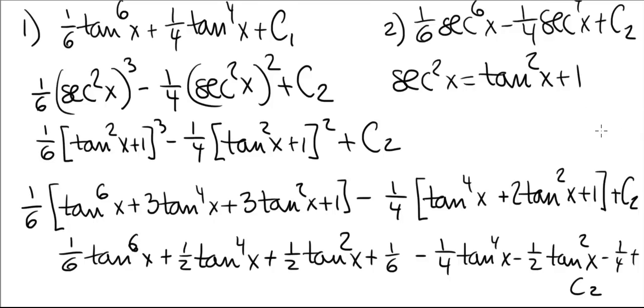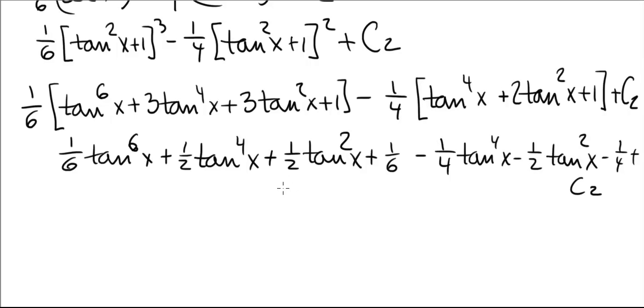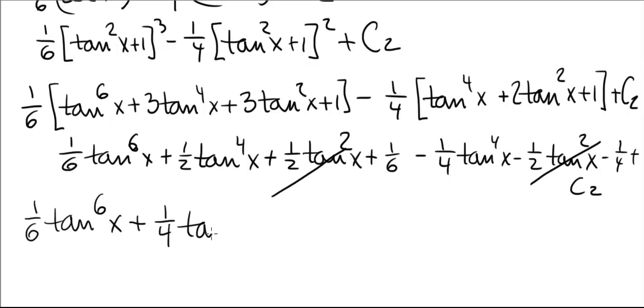Okay, so simplifying this, first of all, 1/2 tangent squared x minus 1/2 tangent squared cancel. We have 1/6 tangent to the 6th, 1/2 tangent to the 4th, that's 2/4, minus 1/4 tangent to the 4th, that's 1/4, yields positive 1/4 tangent to the 4th x. Then 1/6, that's 2/12, minus 1/4, that's 3/12, gives minus 1/12, plus c2.